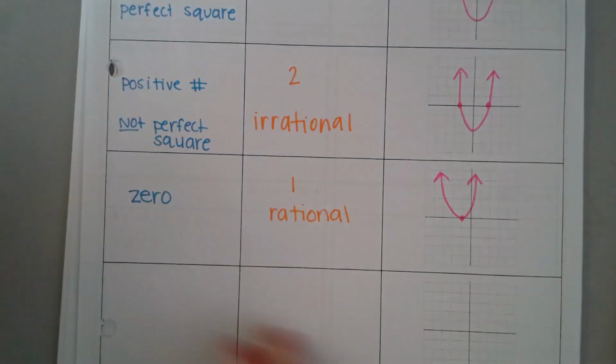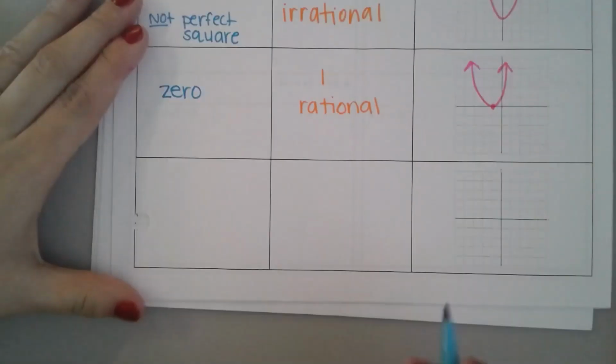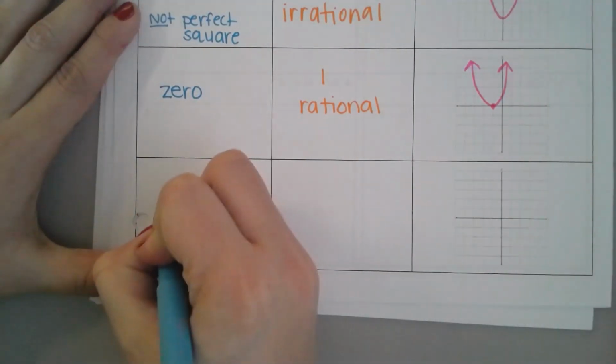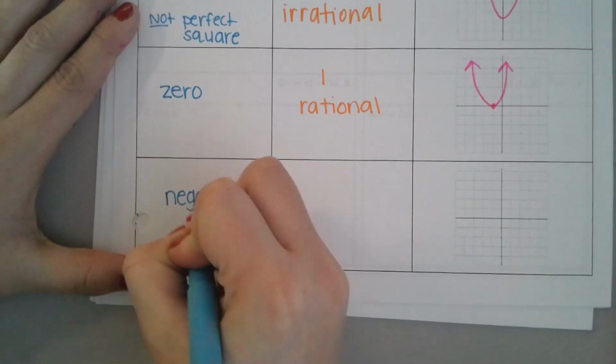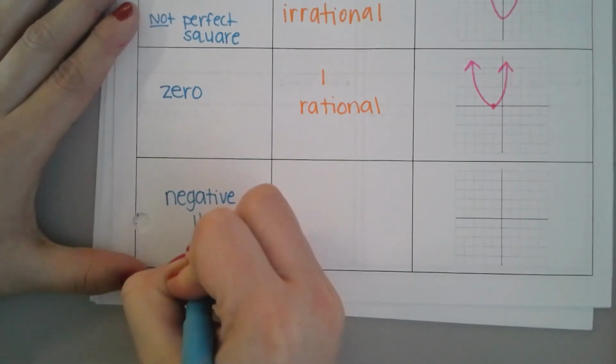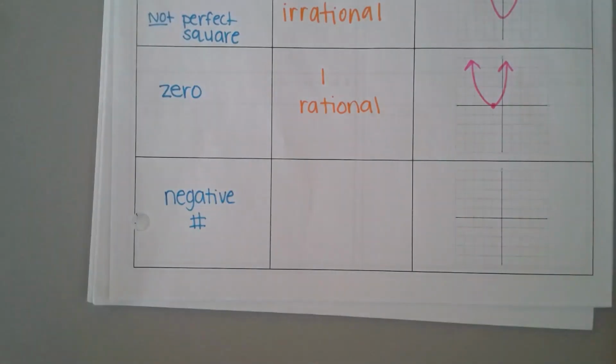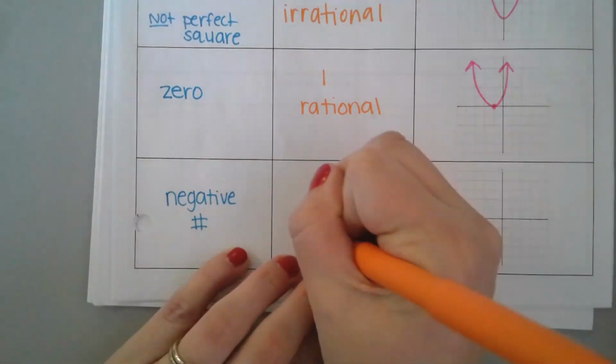And so then the last thing that I have is a negative number. Doesn't matter if that negative number is a perfect square, like negative 16, negative 25. If it's negative, it's negative. And that means we have 2 imaginary.